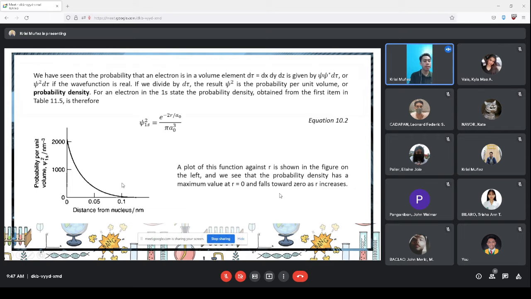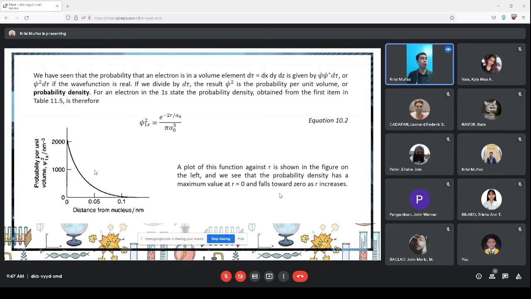Okay, so a plot of this function against r is shown in this figure, and we see that the probability density has a maximum value at r equal to 0 and falls towards 0 as r increases. Okay, so yeah, as you can see class, yung ating r value for this one, of course class, yung radius natin could never be negative. I don't know how you would get a negative length, right? So parang may utang ka pa, parang ganun.